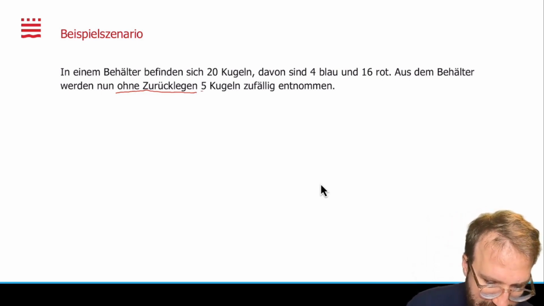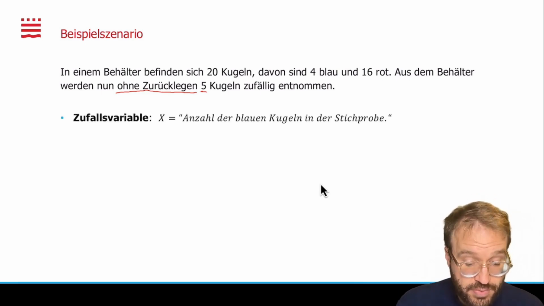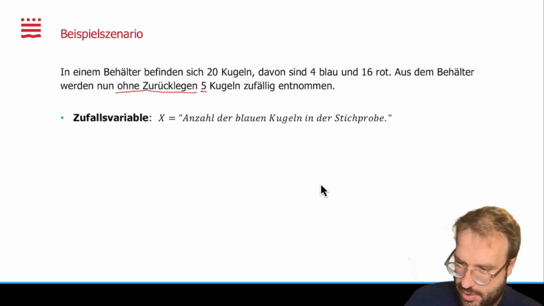We draw 5 balls. That's another number we want to set. So that's our scenario, and our random variable is the number of blue balls in the sample. We can briefly consider what the values of this random variable might look like.